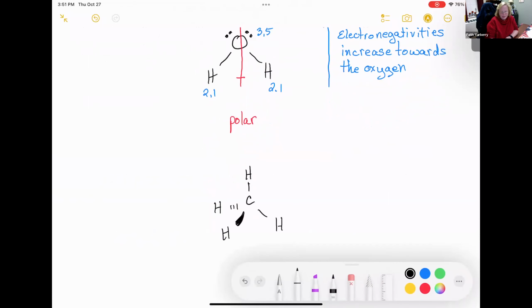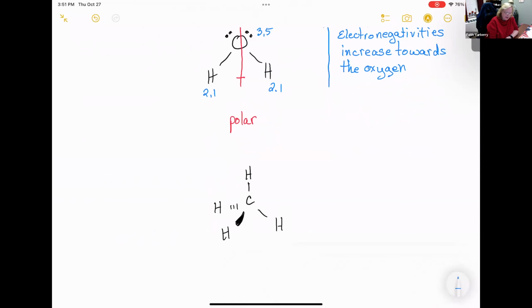Again, if I look up the electronegativities, hydrogen is a 2.1, whereas carbon is a 2.5.